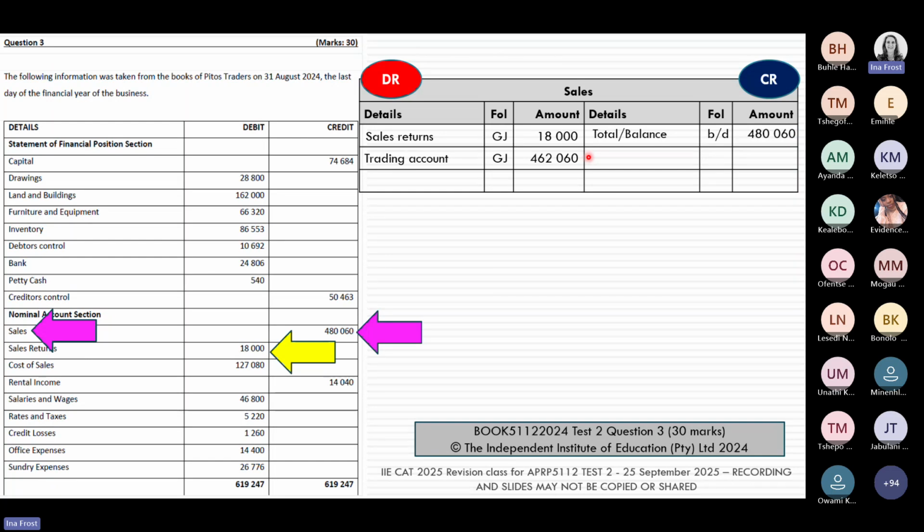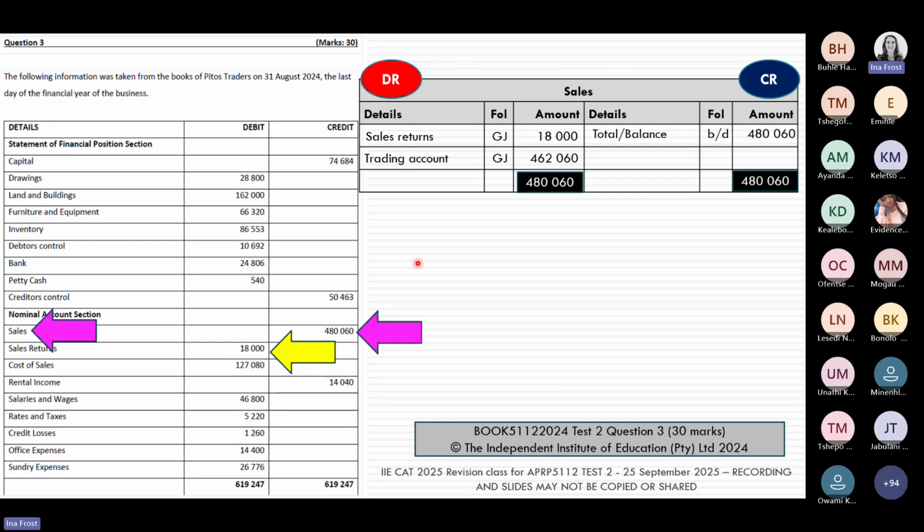We're now busy with our year-end procedures and starting to close off our income and expense accounts against the trading account and the profit and loss account. So I'm closing off sales against the trading account.